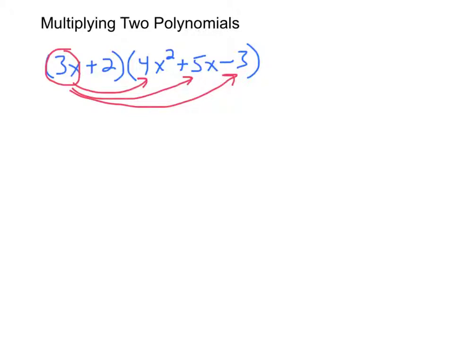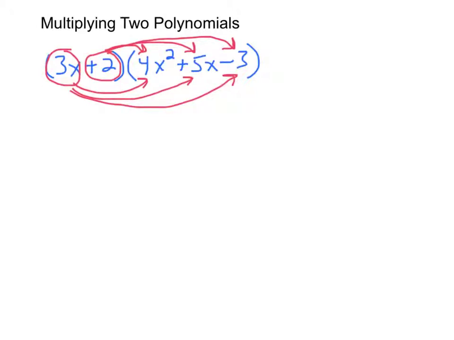And then when we're done with that, we'll move on to the second term in the first polynomial, and we'll distribute that onto each term in the second polynomial. So we actually have 6 different multiplications to do this time. We wouldn't call this FOIL exactly. You would need a 6-letter word for this one, but it's the same process as the FOIL process. We're multiplying each term in the first one by each term in the second one.